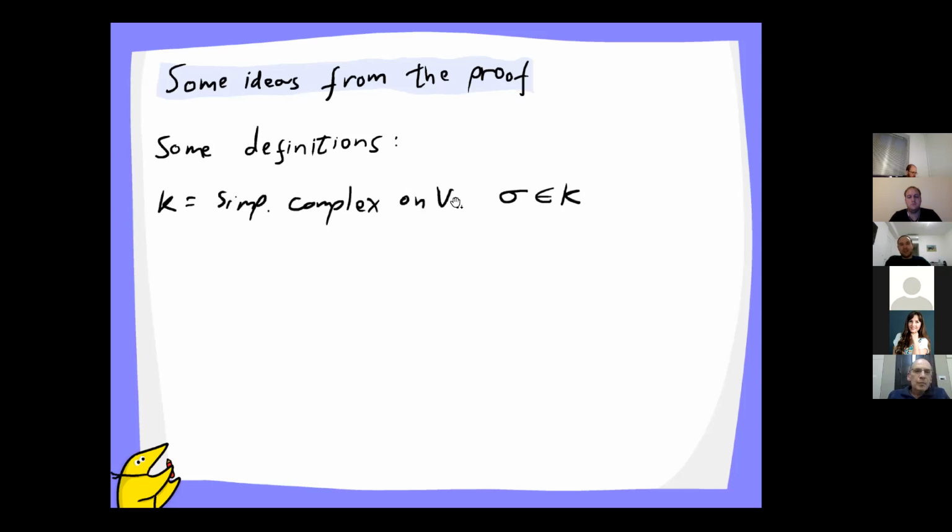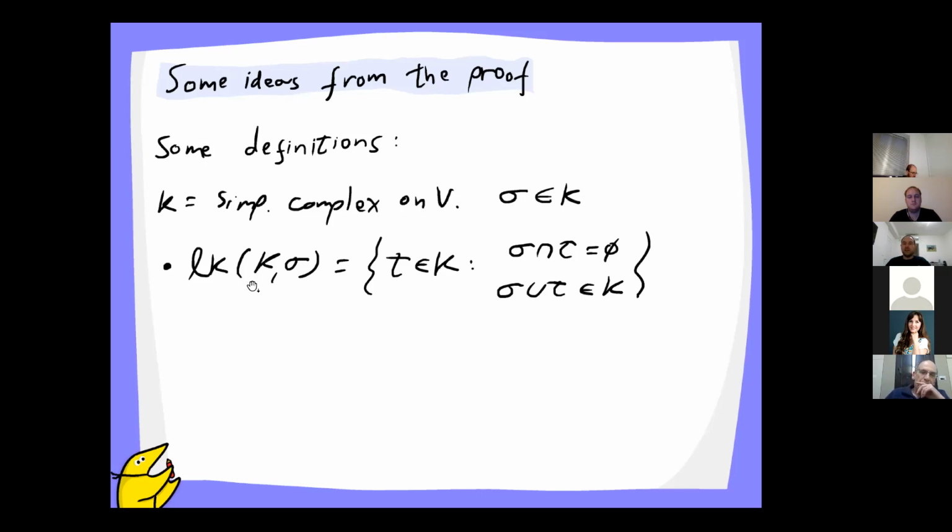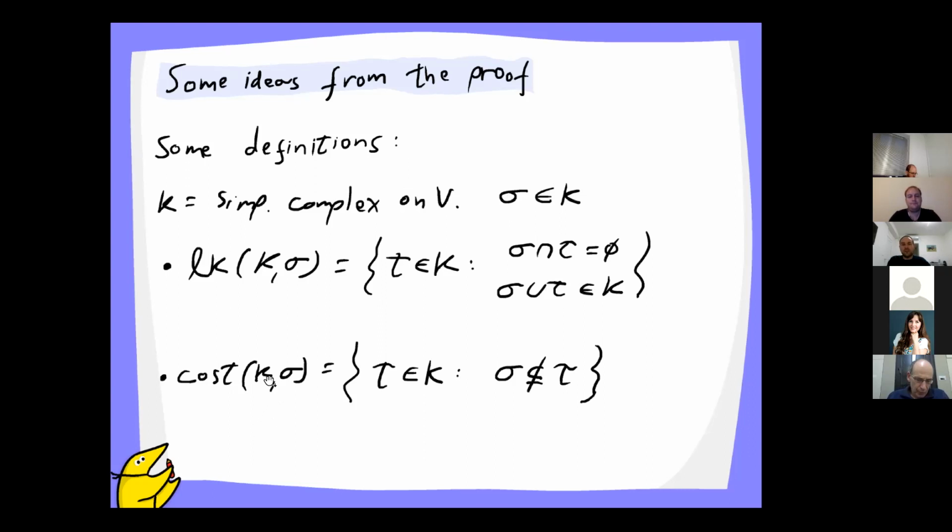Again, K is a simplicial complex on vertex set V, and let sigma be a simplex in K. We define the link of sigma in K to be the subcomplex of K consisting of all the simplices of K that are disjoint from sigma and whose union with sigma belongs to K. And we define the costar of sigma in K to be another subcomplex of K consisting of all of the simplices that don't contain sigma.